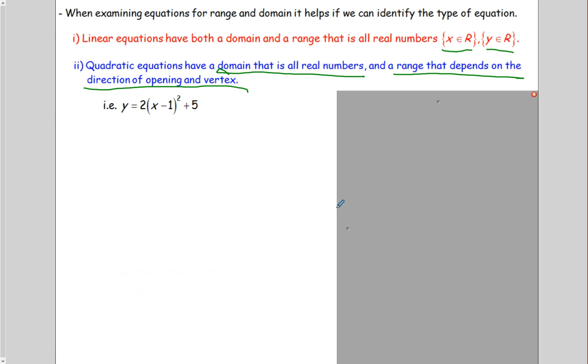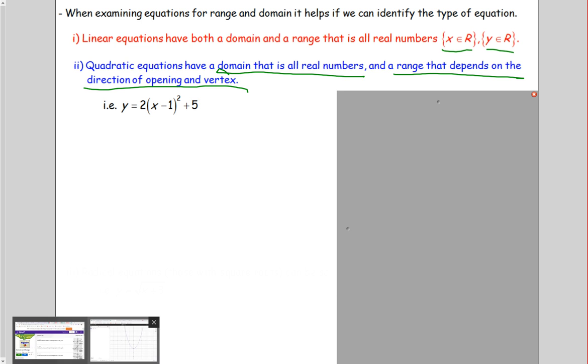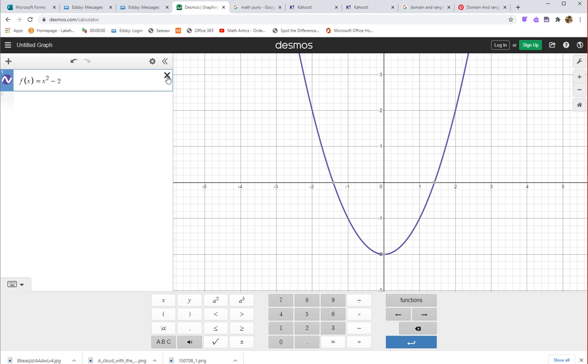So here's a quadratic, 2 times x minus 1 squared plus 5. Now, based on the information in there, I can tell a little bit about it, but I want to jump in on that tomorrow. Today, we just want to graph it and see what it looks like. Let's do that quadratic right now.